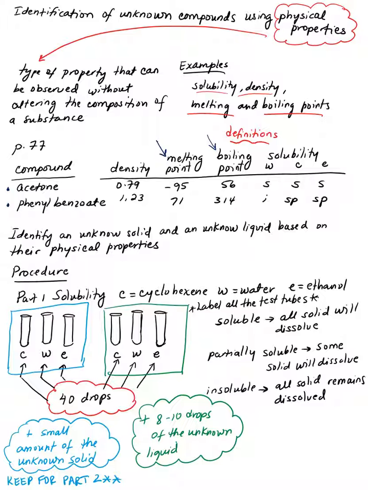Make sure that you don't throw away those test tubes. You're going to use them to determine the density of your solid. You only need the ones where the solid is insoluble or partially soluble. You can use those too.